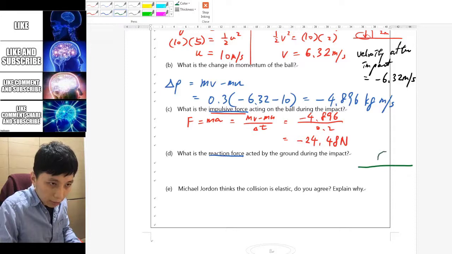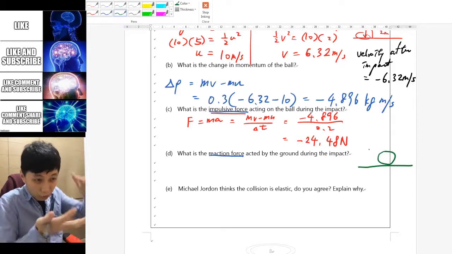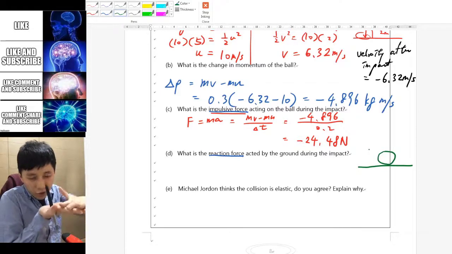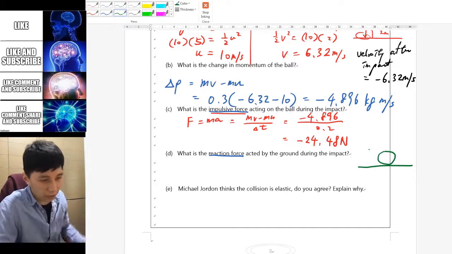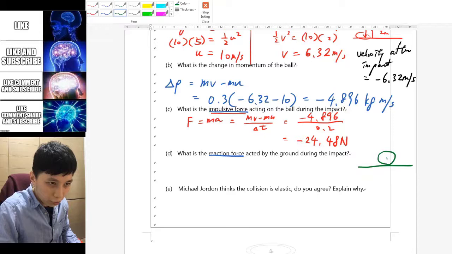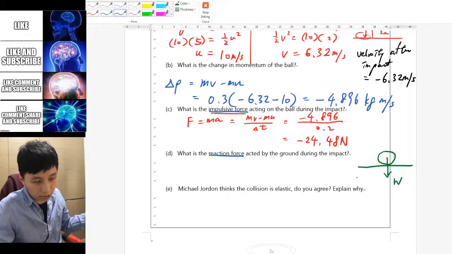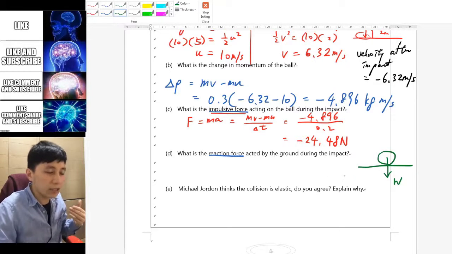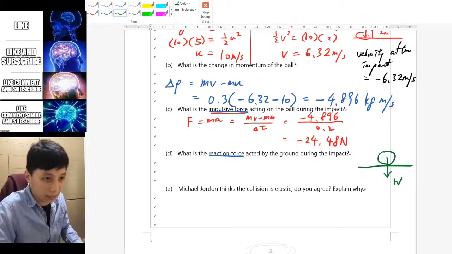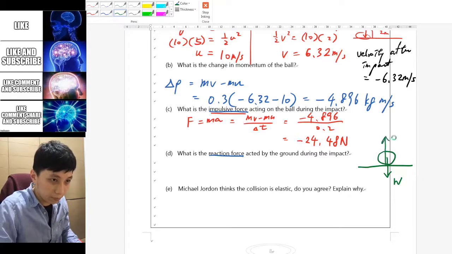This is the ground, this is a ball, and in fact the ball should be squashed, not being spherical anymore, but that's not the main point. The ball should still have weight because you can't get rid of it, obviously. And then the force that actually gets the ball going back up is the reaction force.